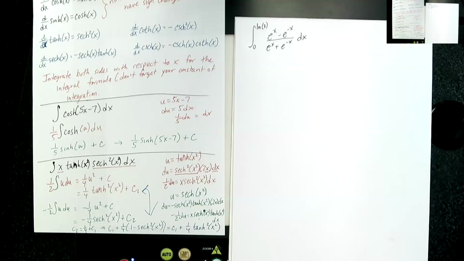What hyperbolic identity is that? Does it help you? Kind of want it to, don't you? We've been doing hyperbolic stuff. But that would mean integrating tanh. Do we have anything that going backward is like tanh was the answer?